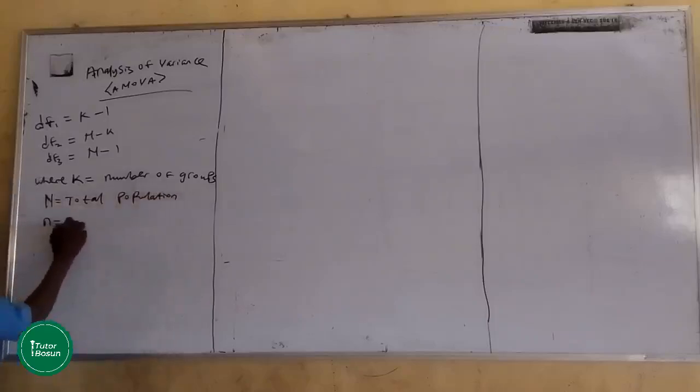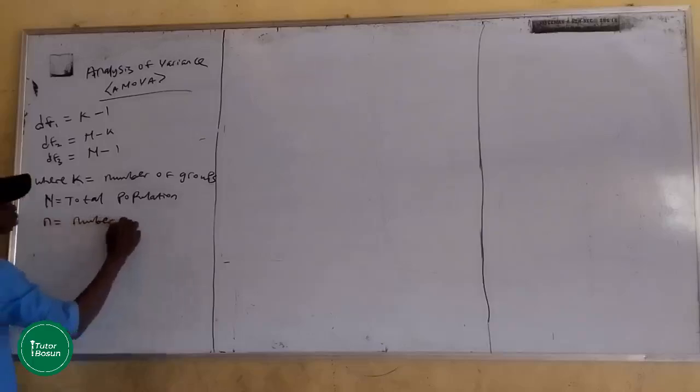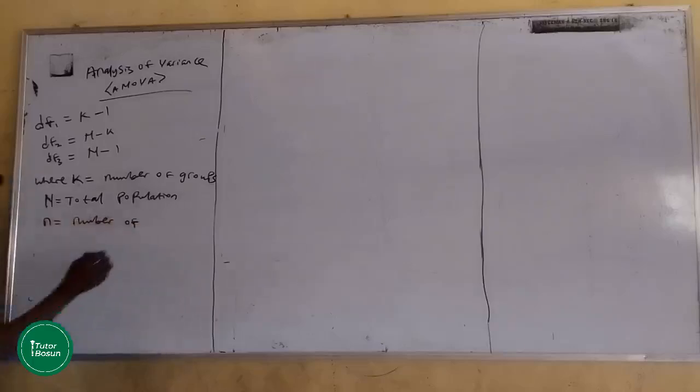And small n is equal to the number of population in each group.